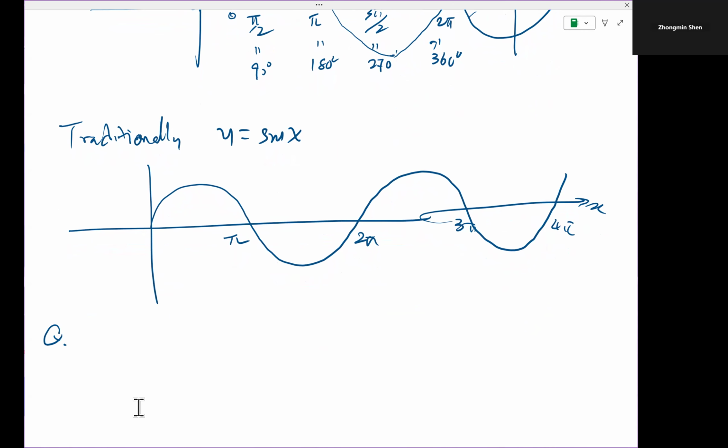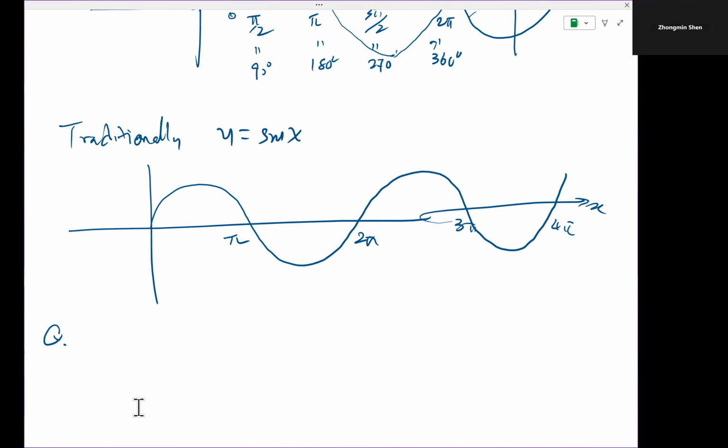We can do this, verify identities, because sine, cosine, tangent, cotangent are not all independent functions. They're dependent. So sometimes you can easily change one to another.